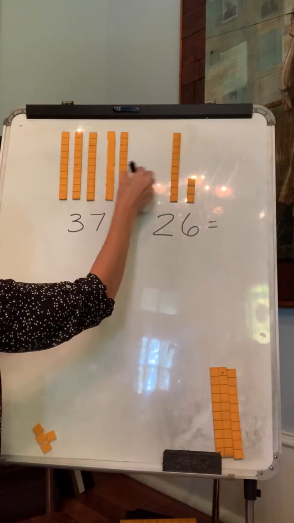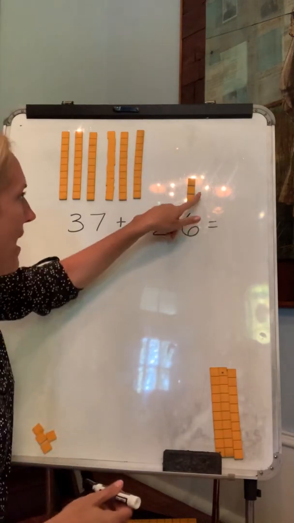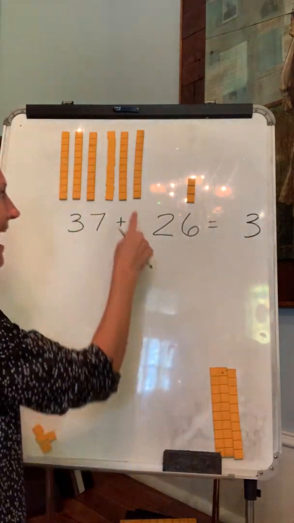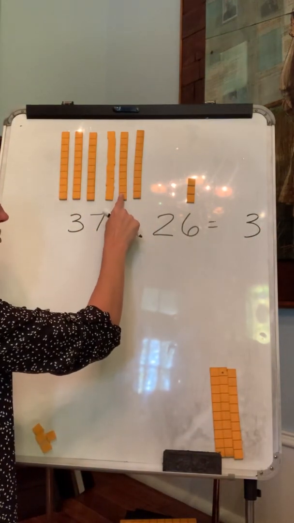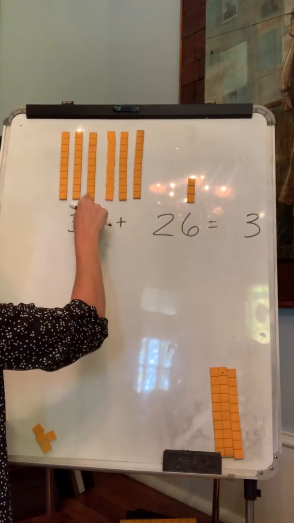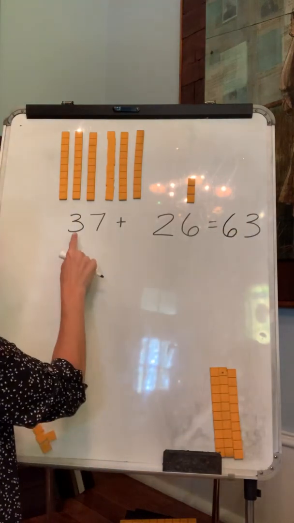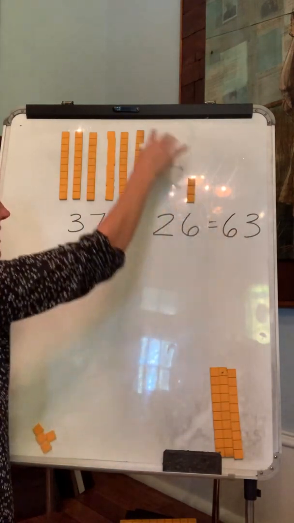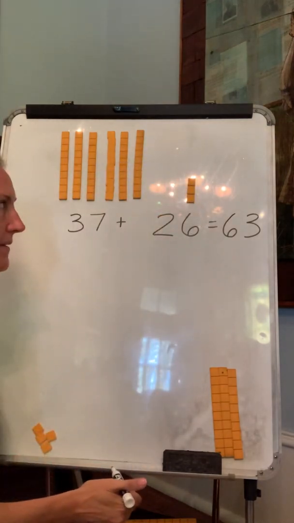So all the 10s are going to go together. So let's add it up. We have 3 ones. And let's count how many groups of 10 we have. 1, 2, 3, 4, 5, 6. So 37 plus 26 equals 63 all together. 6 10s and 3 1s.